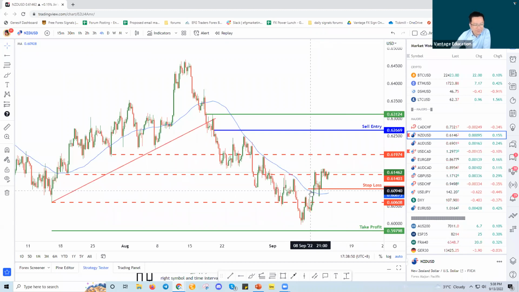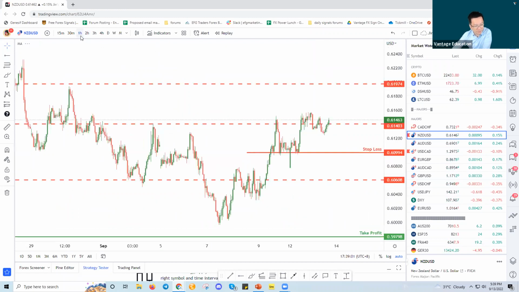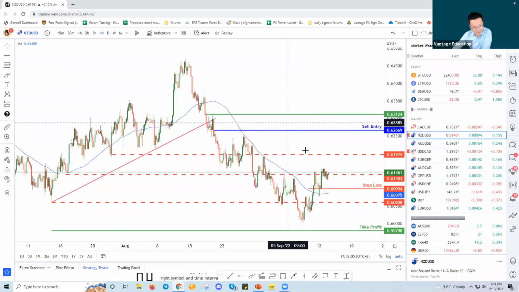Yeah, let's say, for example, this is a New Zealand dollar on the H4 time frame here. At this point, if you looked at it on the H1, the H4 shows you a very clear consolidation here.